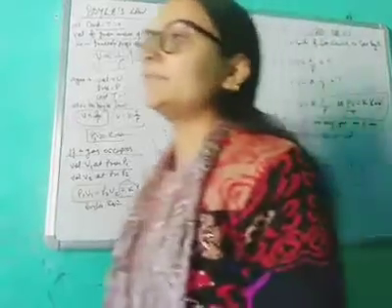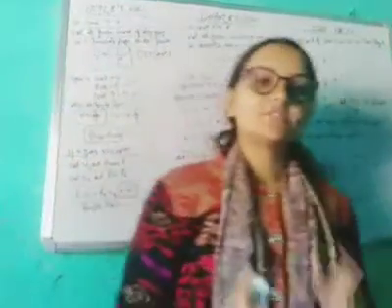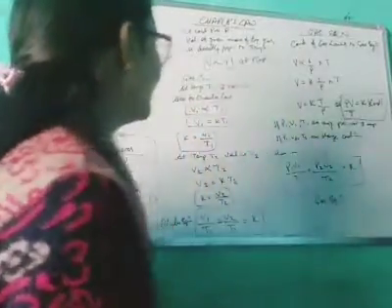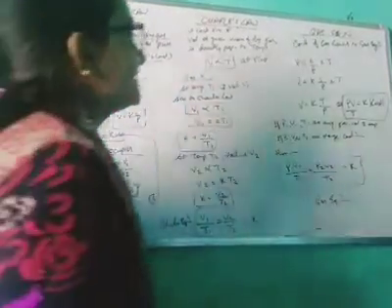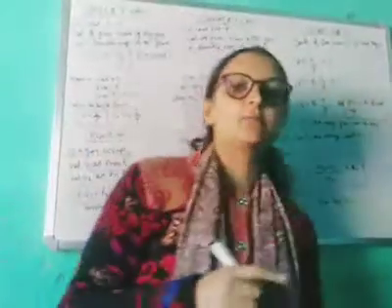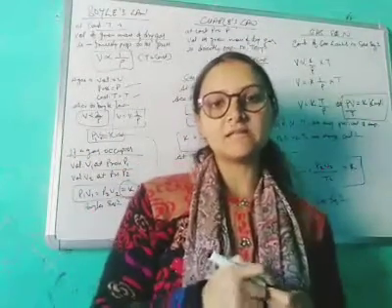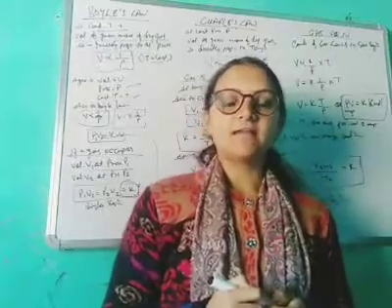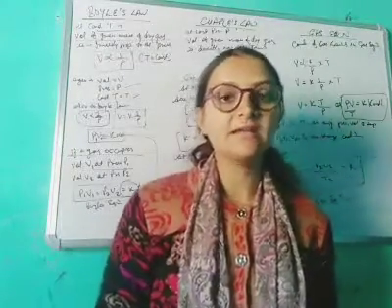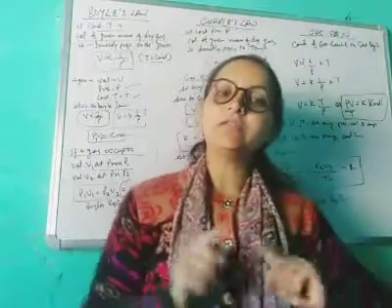He said that at constant pressure, volume is directly proportional to temperature. That means if we increase the temperature, the volume will increase. If we decrease the temperature, the volume will decrease.